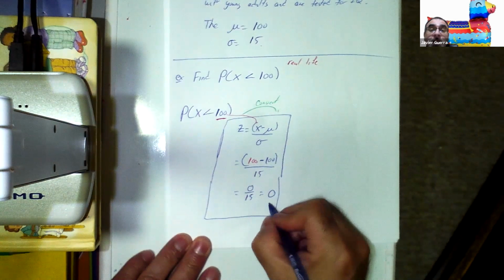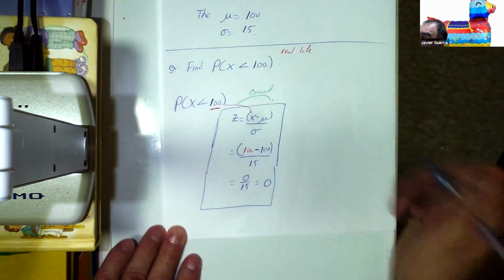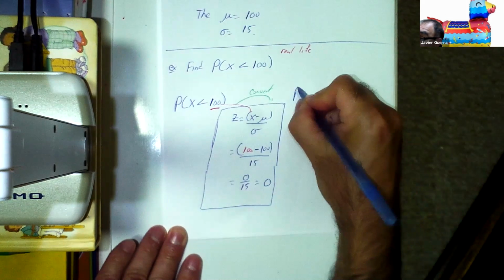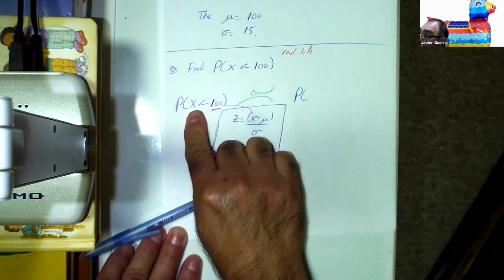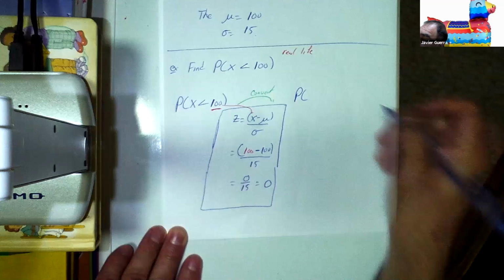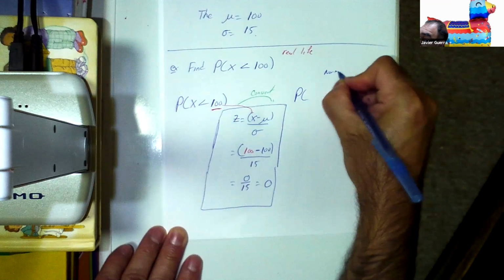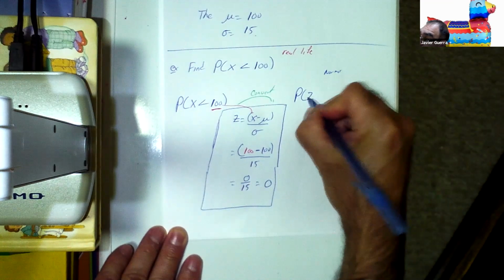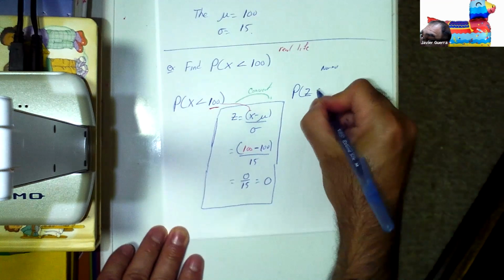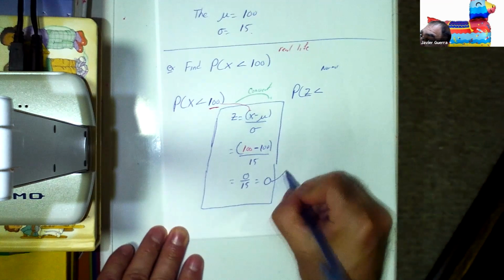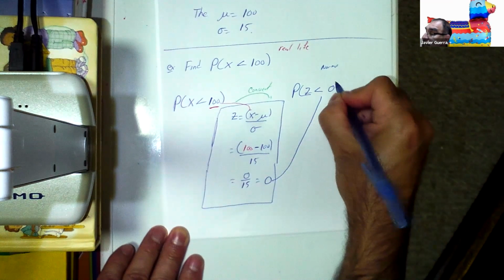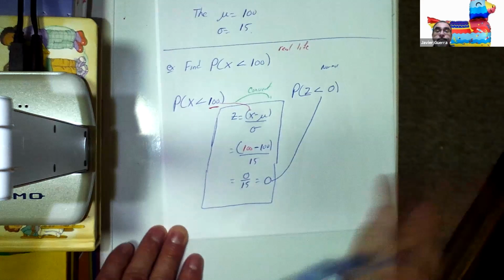Okay. So once you convert, you're gonna write your probability. It's no longer gonna be X. Now we're dealing with the normal, so you put a Z. You're gonna keep this symbol, and then you're gonna put the number that you got from your answer right there.